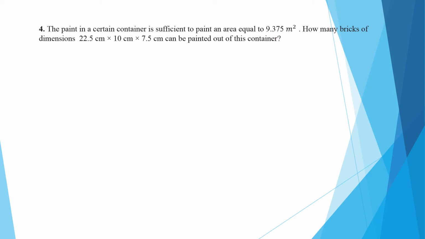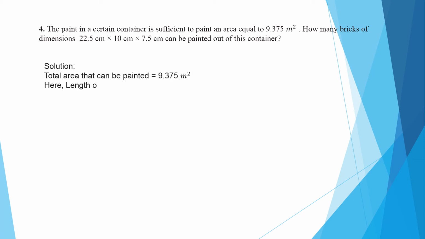Total area that can be painted from the container is 9.375 and we need to paint a brick. So write down the dimensions. Total area that can be painted is equal to 9.375 meters square.